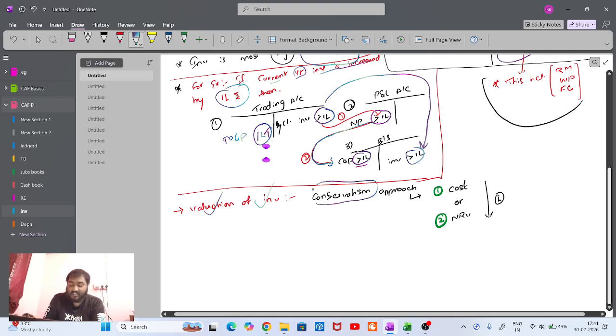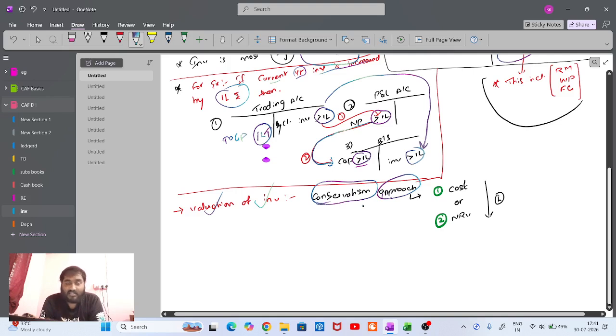Inventory valuation is a conservatism approach or prudence approach. If you remember, prudence approach means the potential losses will be recognized in the year in which the certainty exists. The potential gains are not recognized. For example, contingent asset, it is not recognized. What is contingent asset? Imagine one asset which might come to you.